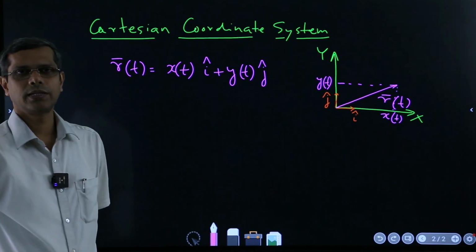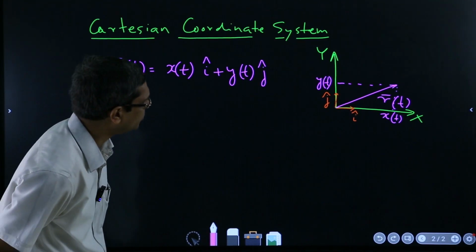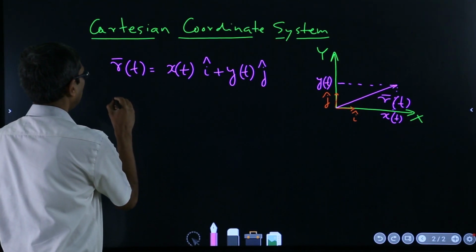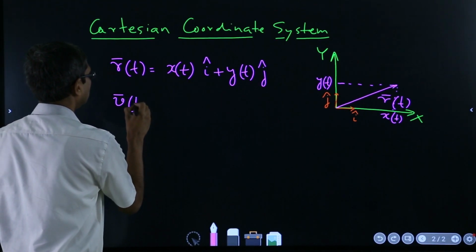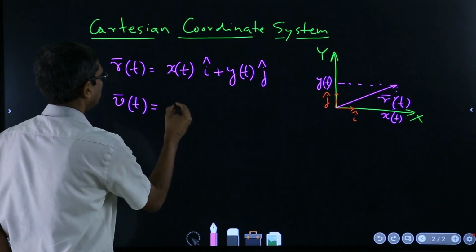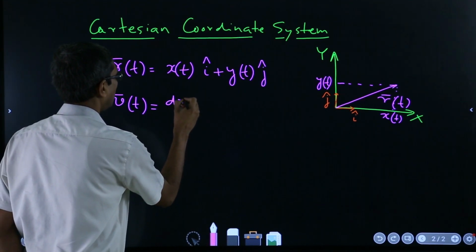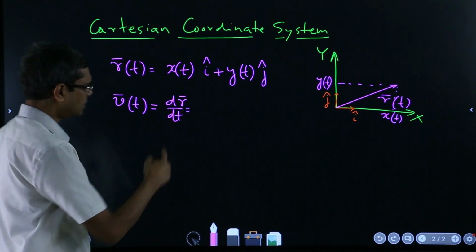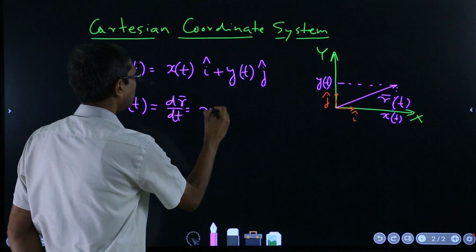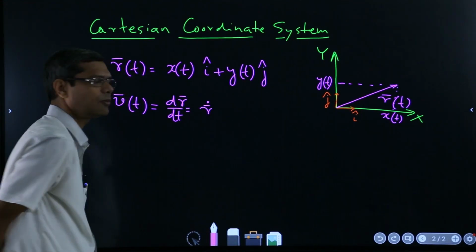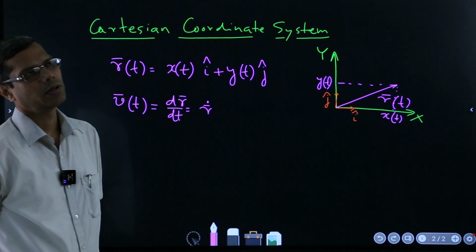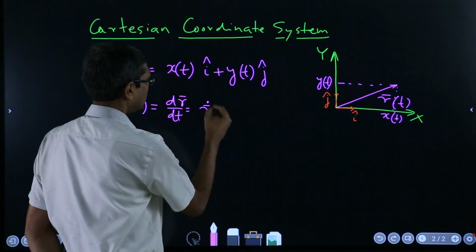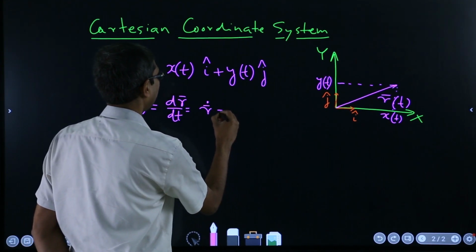So that is how we will represent any position vector as a function of time, and then it's very easy to calculate the instantaneous velocity: we just differentiate, that is dr over dt. From now onwards we will mostly represent this as r dot, because when we put a dot, it will invariably mean differentiation with respect to time. It's a short notation.